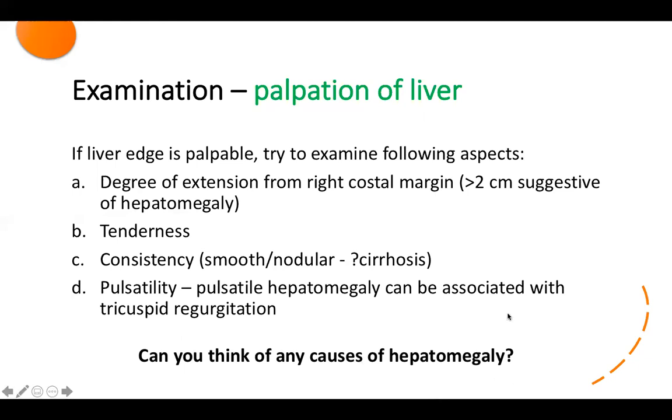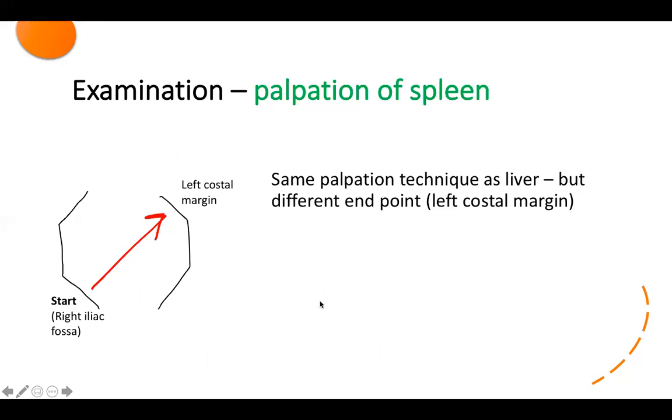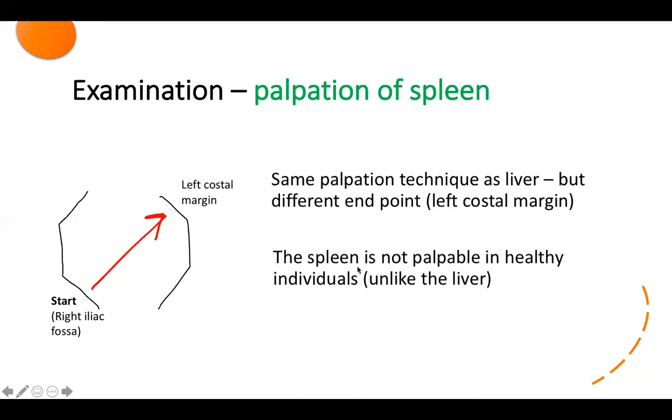But yeah, so once we've palpated the liver, we're going to now move on to the spleen. It's the same palpation technique as discussed before, just a different endpoint. So you're again going to start at the right iliac fossa, and with each deep breath, you want to move superiorly, 1 to 2 centimeters, towards the left costal margin. The spleen is not palpable in healthy individuals, unlike the liver. And that brings me to my next question.